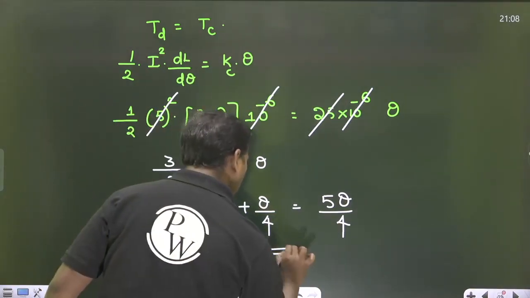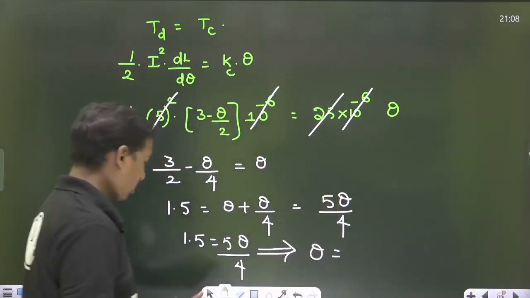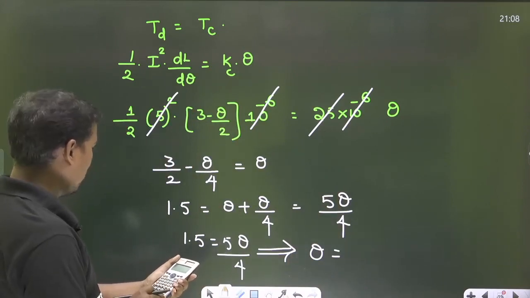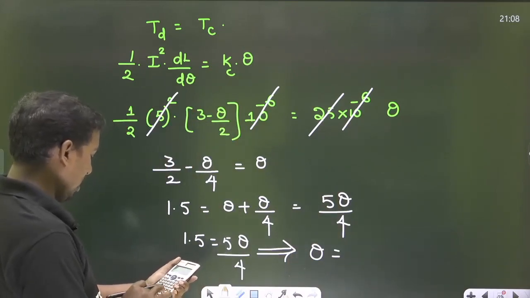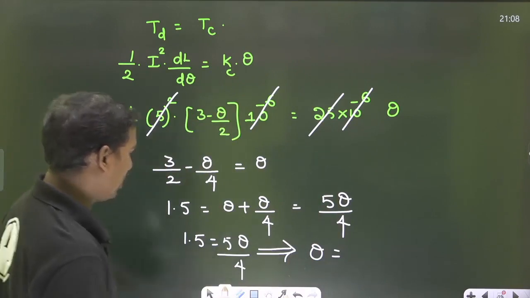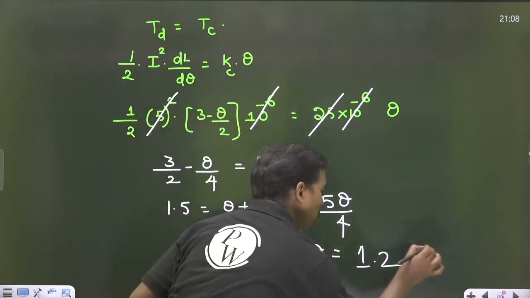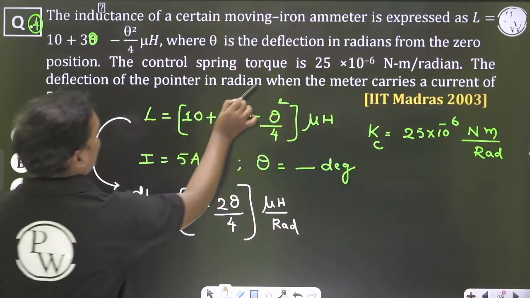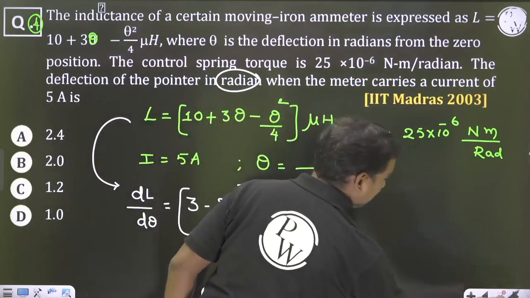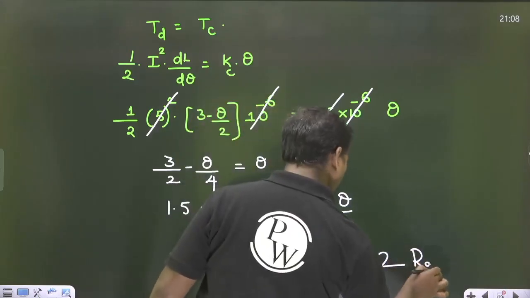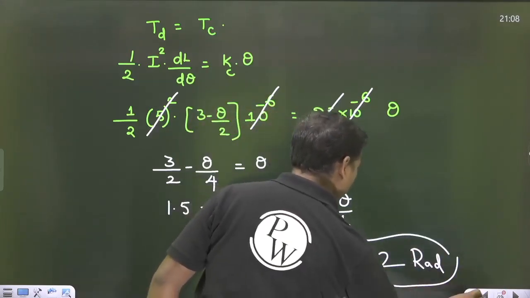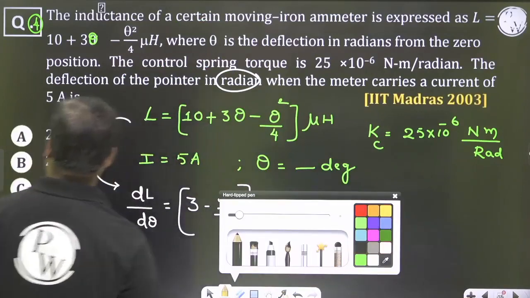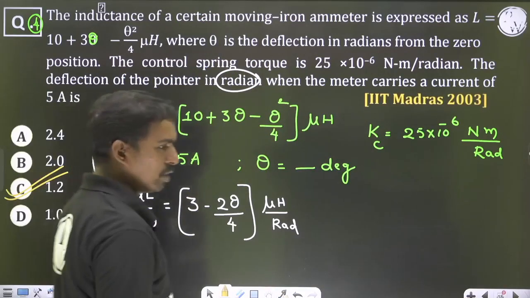So from this, theta is 1.5 divided by 1.25, that is 6 by 5, coming as 1.2 radians, because he is asking for deflection in radians. So option C is 1.2.